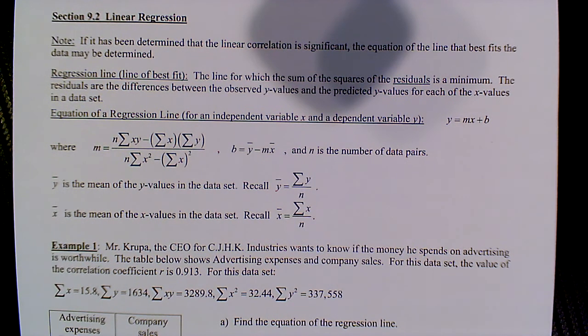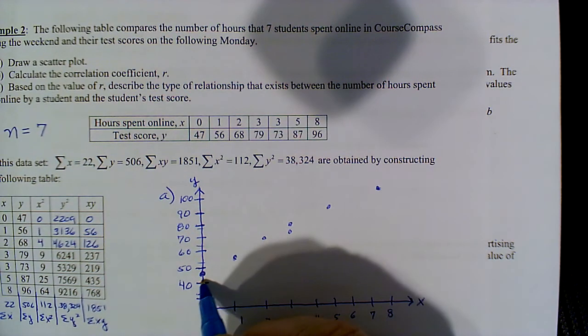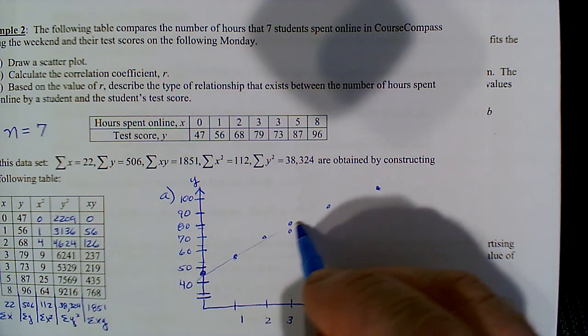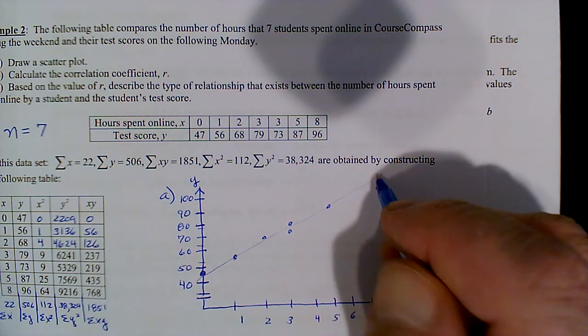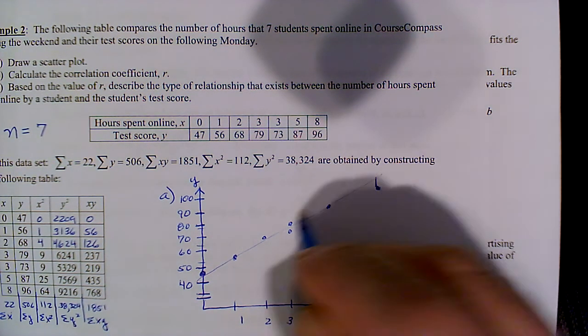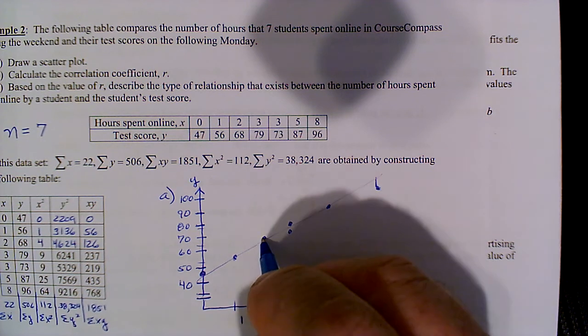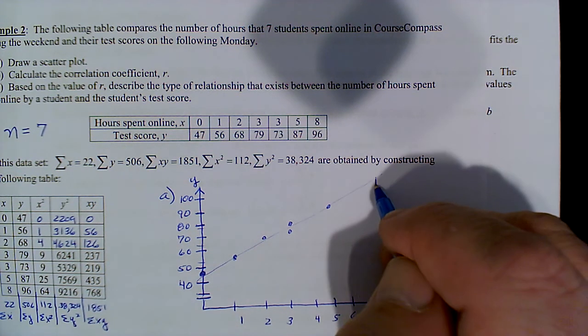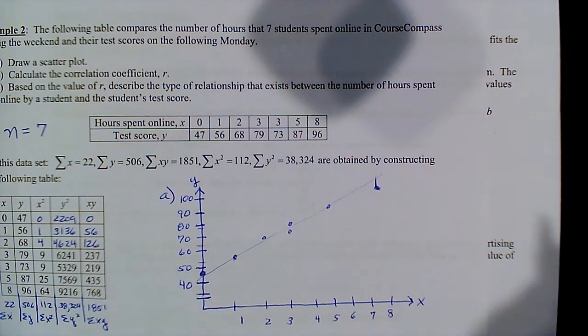So what we want to do is minimize the residuals, the distances between the points and the line. So if you look at our last example, if we were to try to draw a straight line through these points, it might look something like that. These vertical distances from the points to the line, those are what's called the residuals.